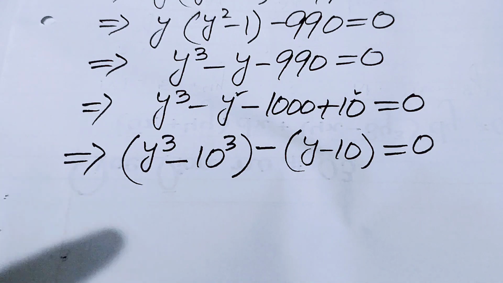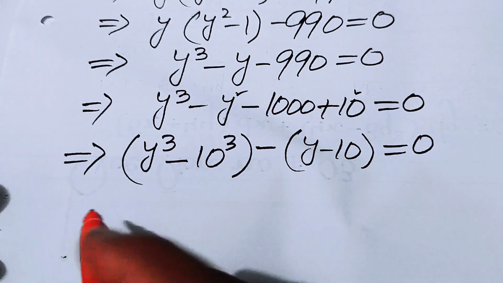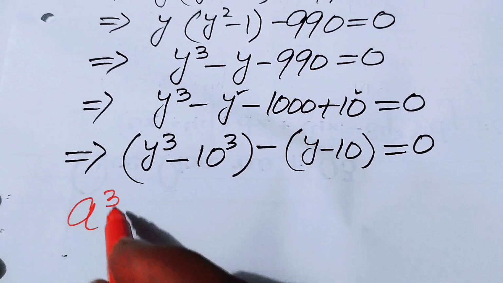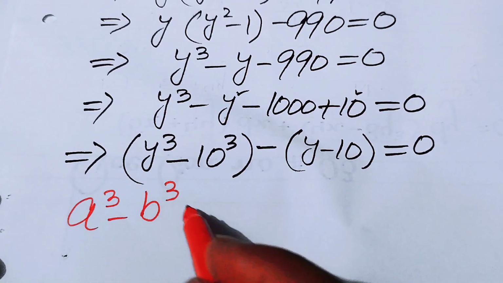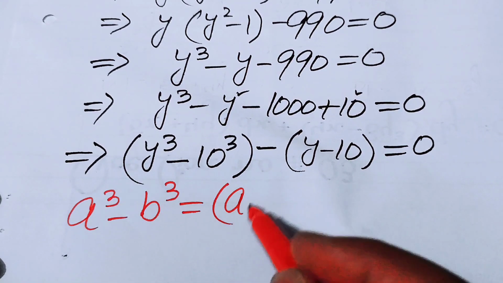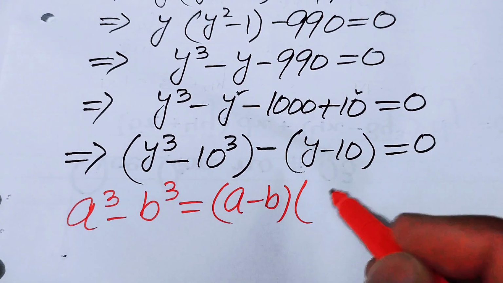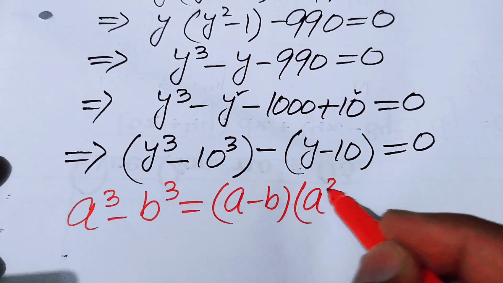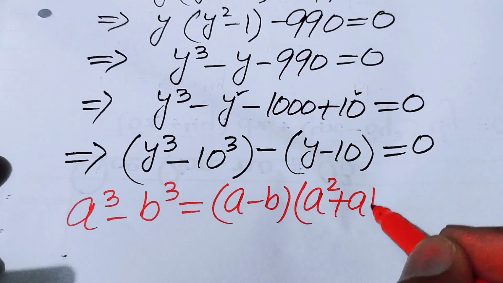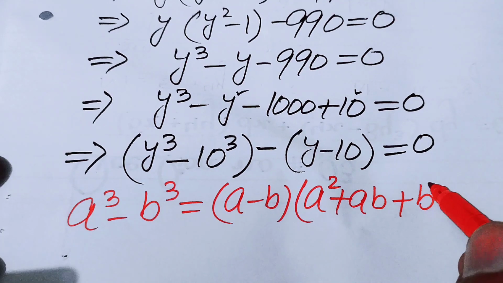So here you have a cubed minus b cubed. We will use this formula, and you know about this formula: a cubed minus b cubed equals (a - b) times (a squared + ab + b squared).